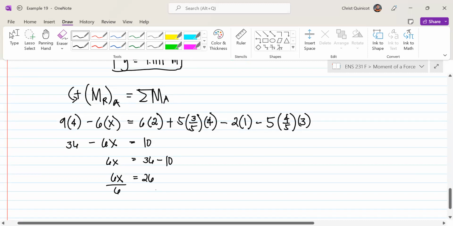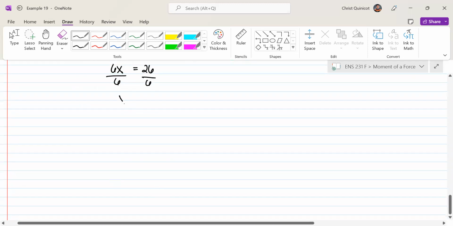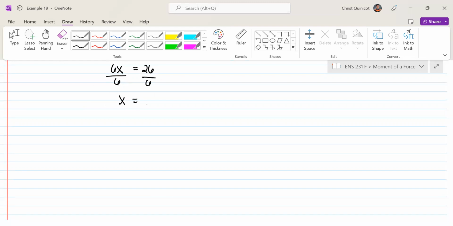Divide both sides by 6. So x is equal to 26 divided by 6. That is 4.333, or 4.3 repeating meters.